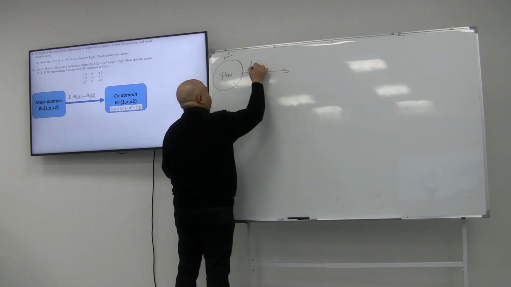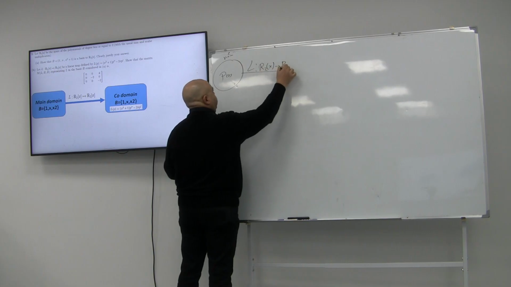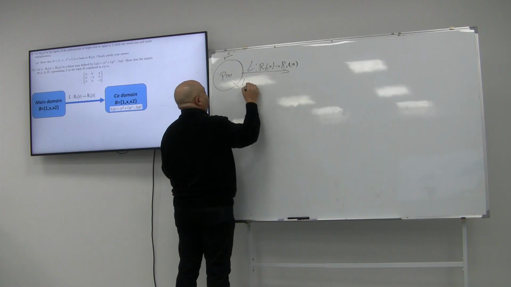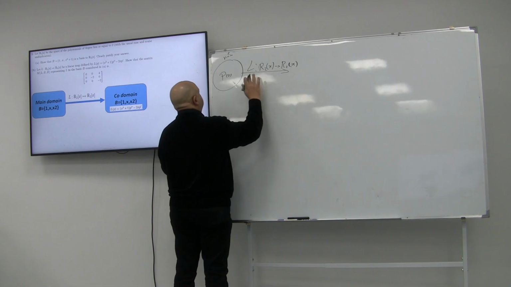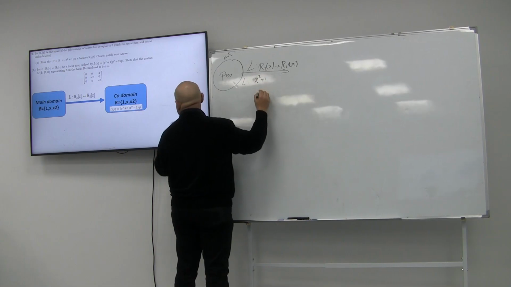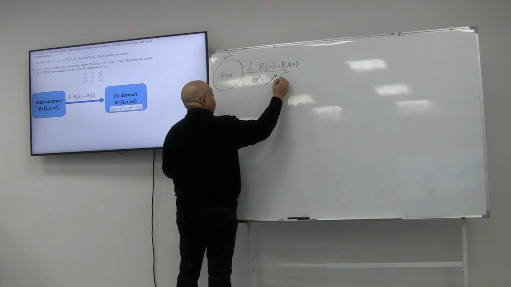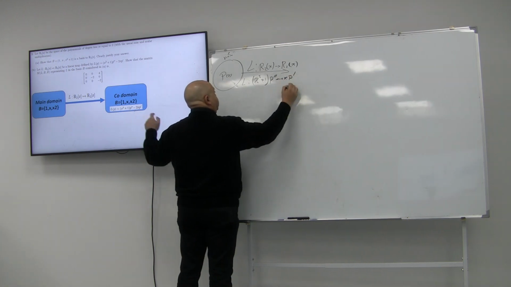I will do a linear transform from R2[x] into another R2[x]. L does the following: it takes (x squared plus 1) p double dash minus 2x p dash.